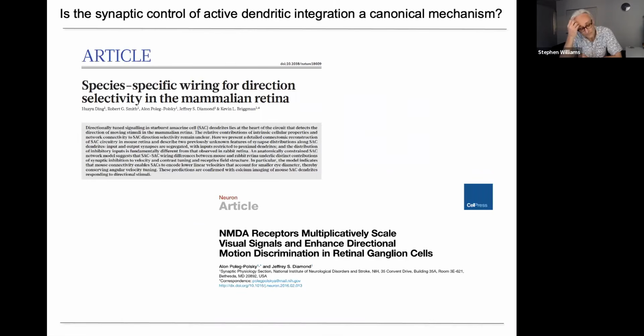Okay, so all this work has been based on the rabbit retina. Now, most work, both morphologically and electrophysiologically, has more recently been made in the rodent retina, where there are ideas that the rabbit and rodents differ in terms of their wiring specificity, and indeed other people have suggested that dendritic spiking has absolutely nothing to do with direction selectivity in, for example, the murine retina.